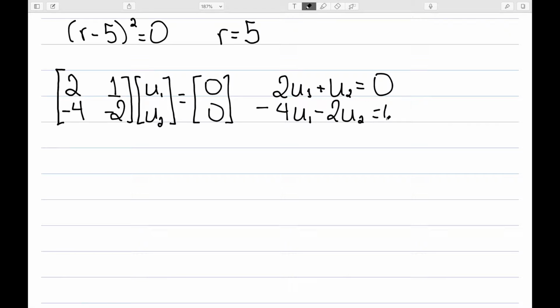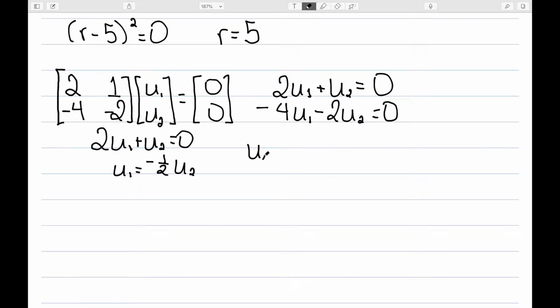And we can see that these equations are essentially the same. If I multiply the first one by negative 2, I get the second one. So I only have to consider one of them. We have 2u1 plus u2 equal to 0. I'm going to solve this for u1 to get that u1 is minus 1/2 u2.